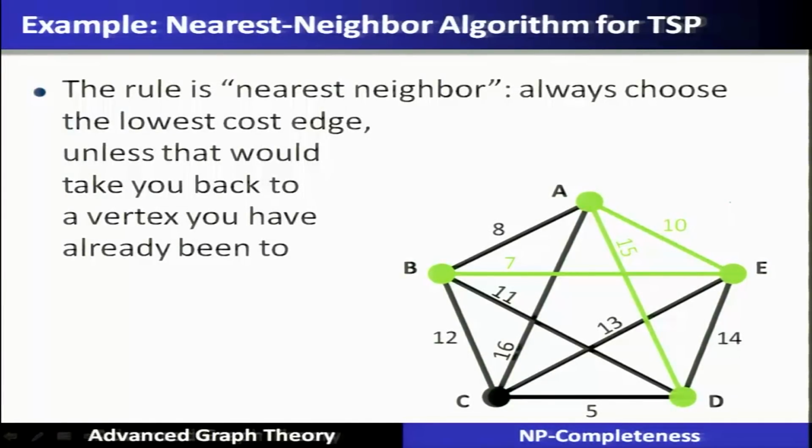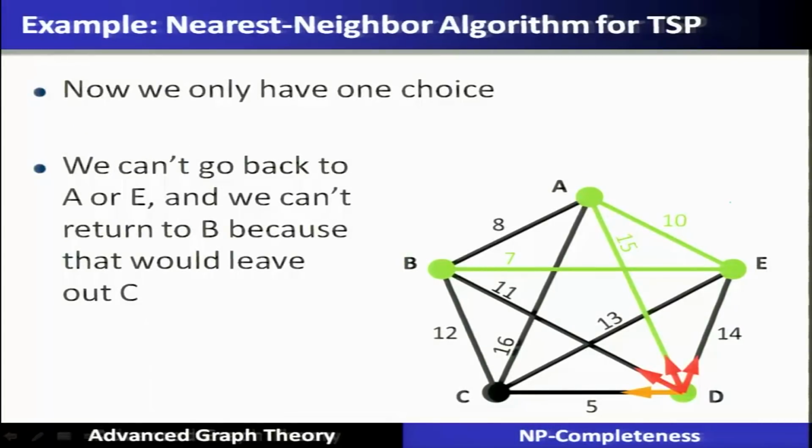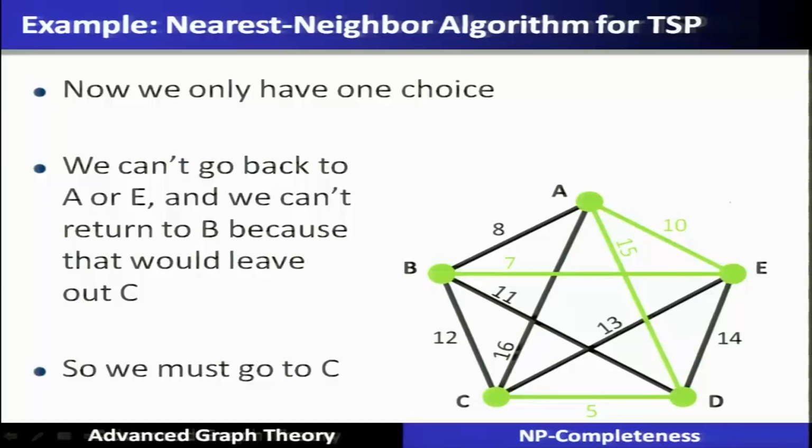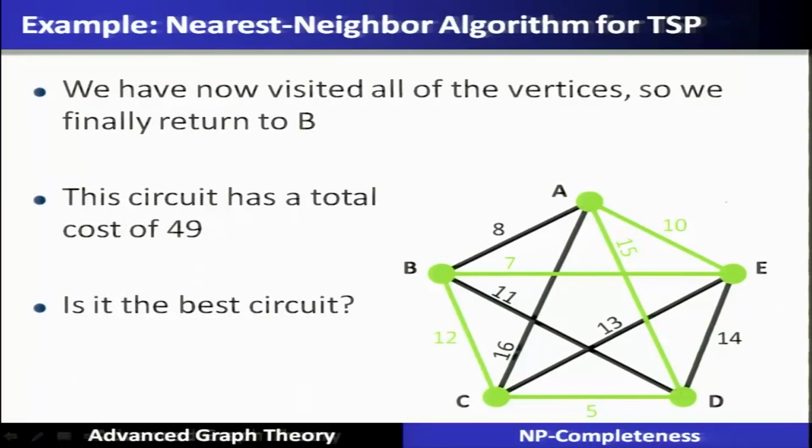Because it has the minimum cost. After reaching D, C is not visited, so we will choose C, and from C we have to go to B again. So the total cost, if we sum the weights on these green color edges, comes out to be 49.